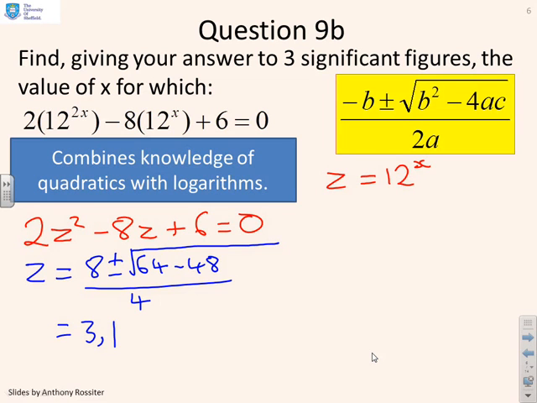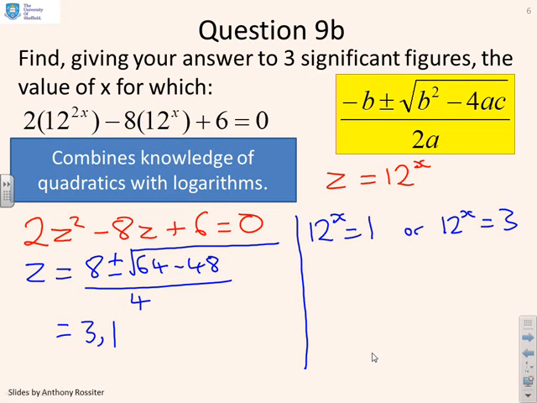Right, having got that far, what we've got to do now is say that clearly we're trying to solve for 12 to the x equals 1 or 12 to the x equals 3. And we can do this using logs, so this is where the logs come in.